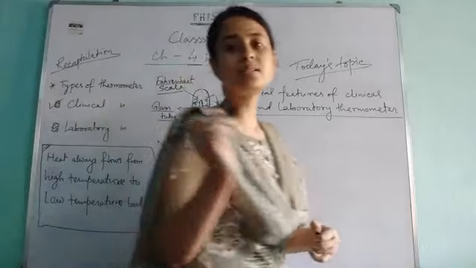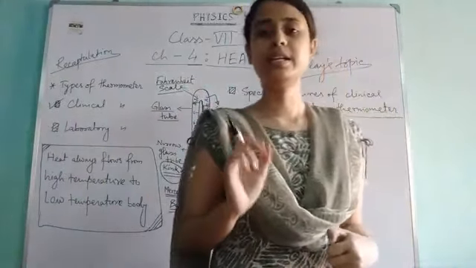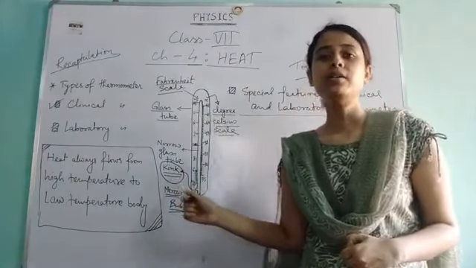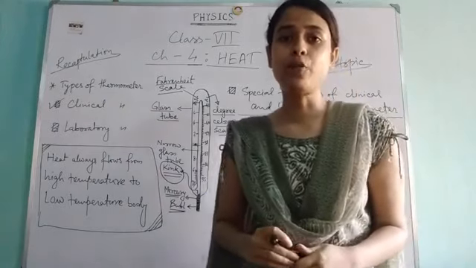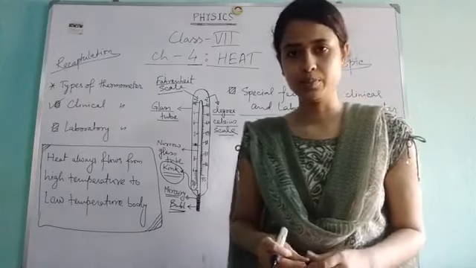So when I will be discussing the special features of the clinical thermometer, I will also explain the function of this kink and why it is so important for the clinical thermometer.